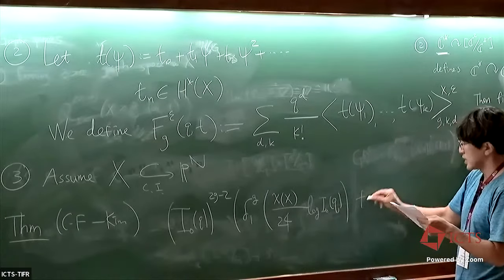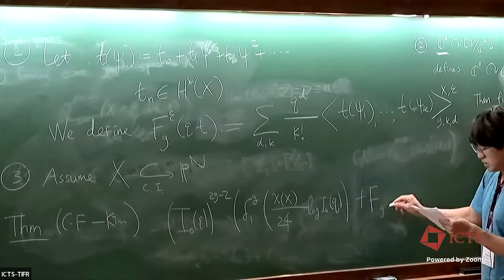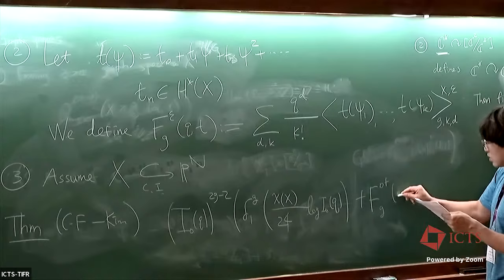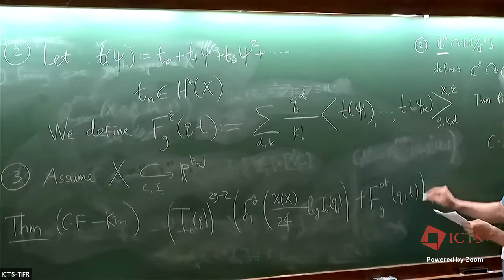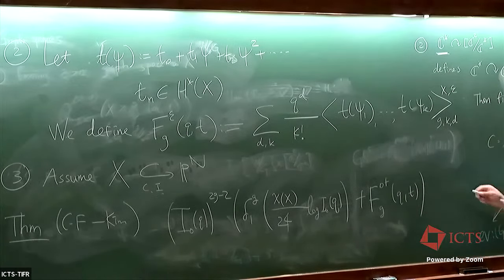And here we need F_g^0 plus Q t. So now this potential function is equivalent to the infinite potential function after mirror transformation.